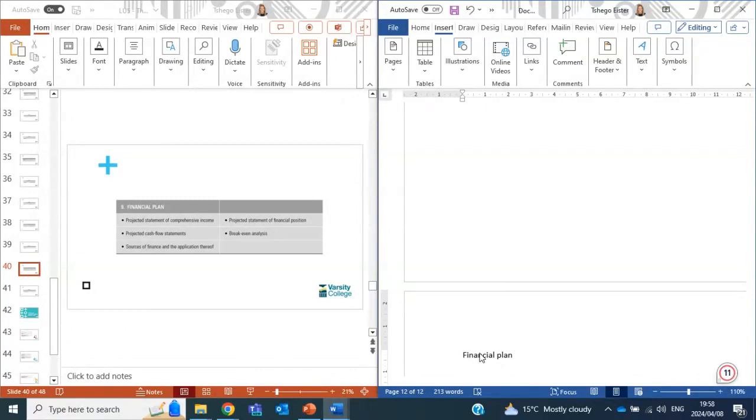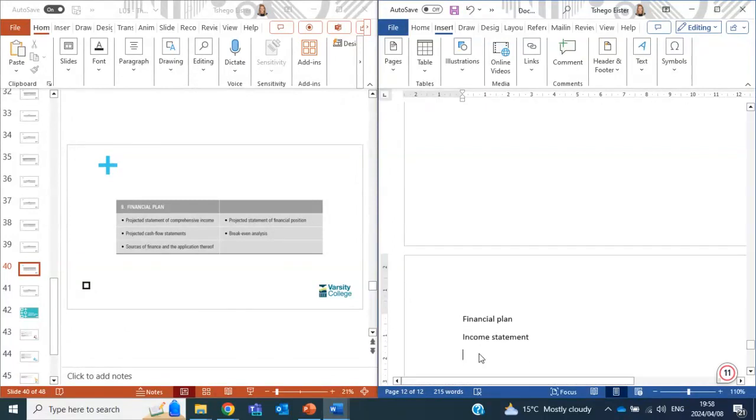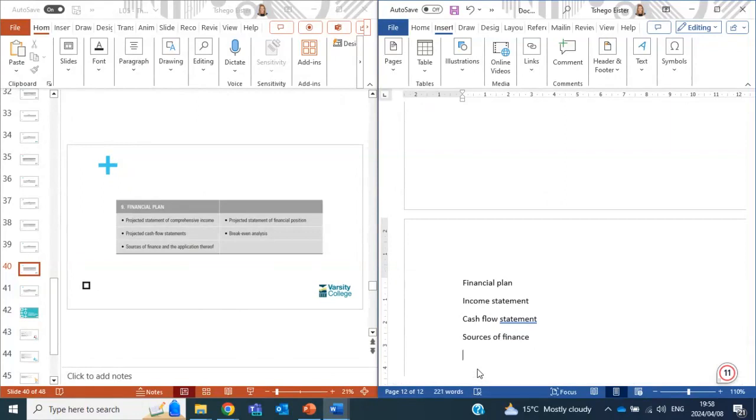So here it's the income statement, the cash flow statement, the sources of finance, and then the projected financial position, and break-even.